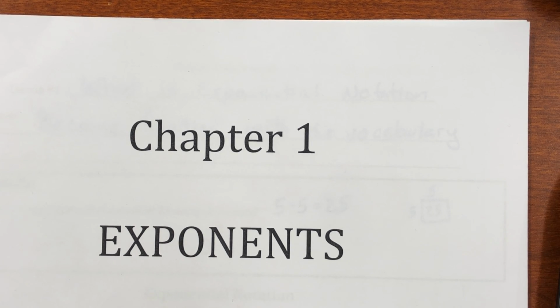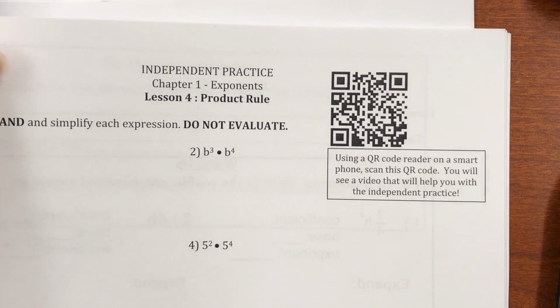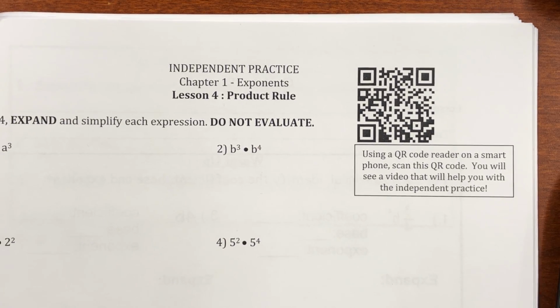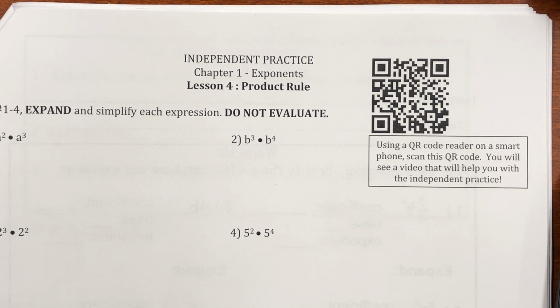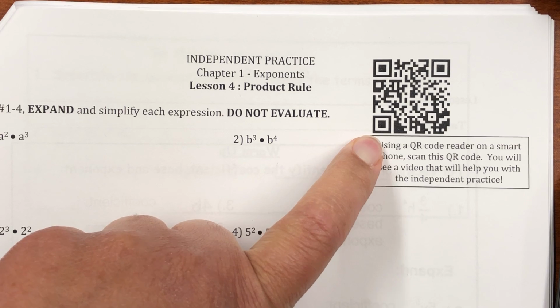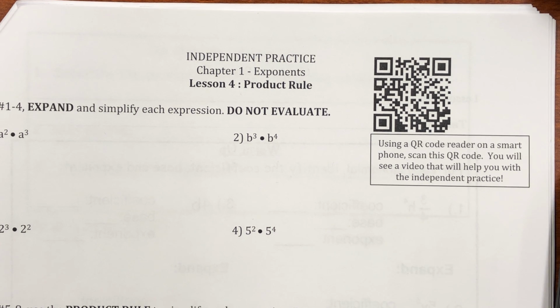We're still on Chapter 1, Exponents, and we're going to page 19, which is Independent Practice for Lesson 4, the Product Rule. You can see right here that there is a QR code, and that's going to give you a video that will help you, but it's not one of my videos.